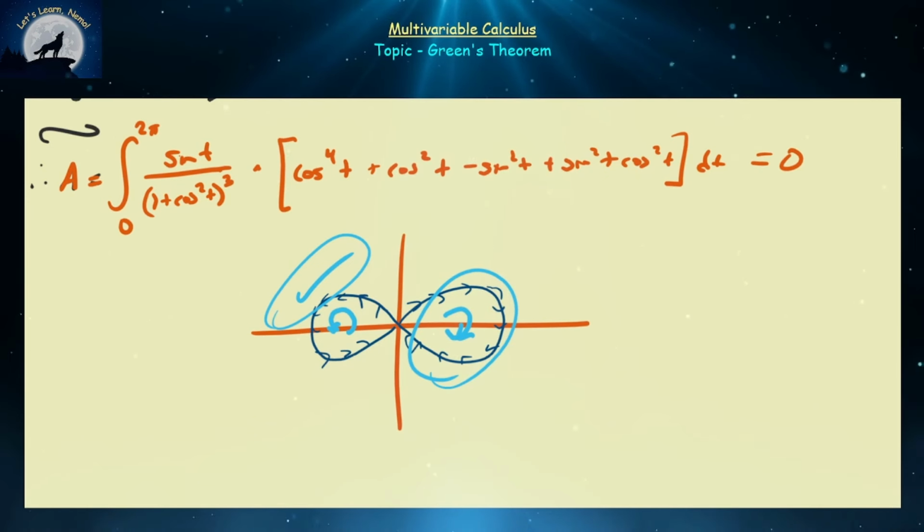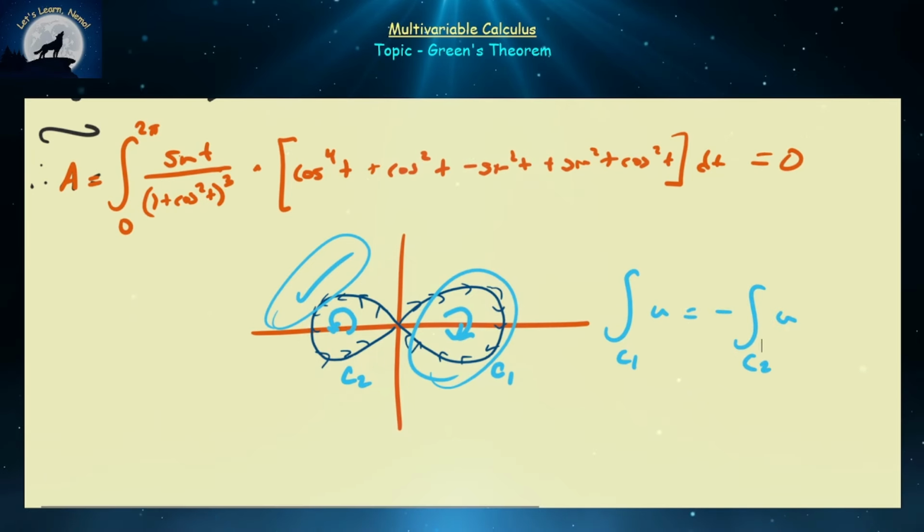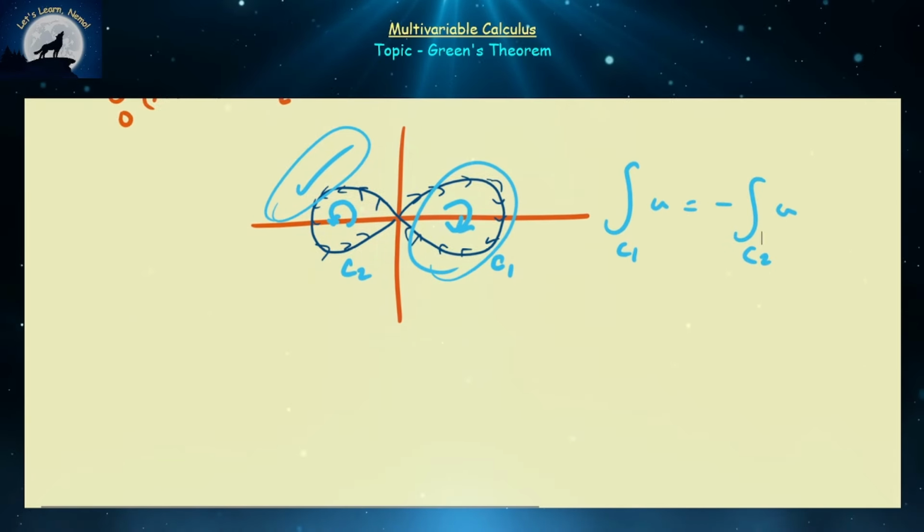Right? So from this particular picture, you should be able to verify that if this is c1 and this is c2, then the integral over c1 of our particular function, let's call it u, will be equal to the minus integral over c2 of u. All right? So I leave it to you to verify one of these little pieces.